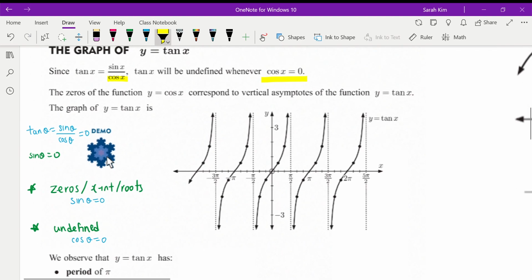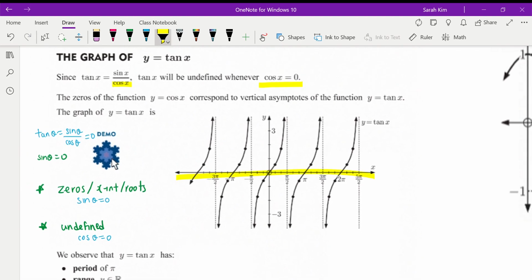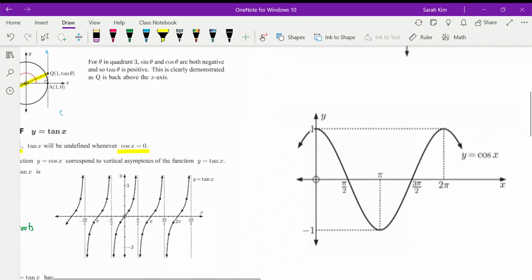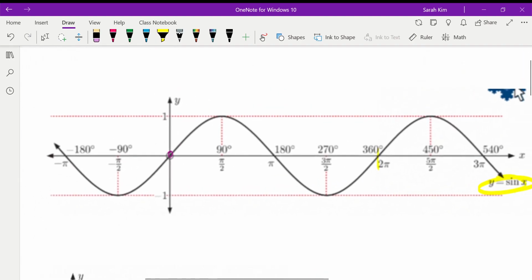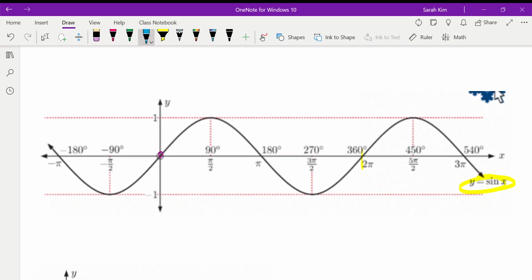So in order to find those points, rather than me just telling you where they are, let's actually have a look at sine theta functions and see if we can figure out the zeros of the tangent function. So I've copied and pasted it for you. That one's sine theta, as you can see, and that one's cos theta. We're going to have a look at the zeros first. Basically the zeros of sine theta are going to be the zeros for our tangent function.